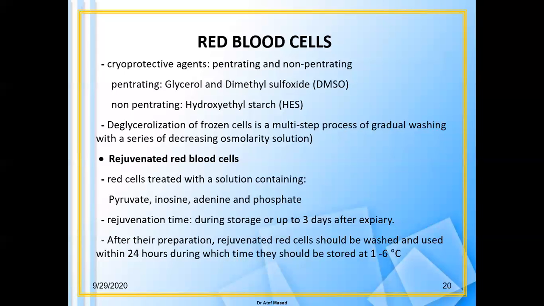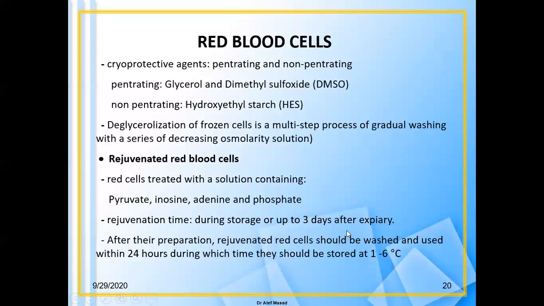When we rejuvenate, we make the cells alive. They are alive when they are frozen, but all biochemical reactions are stopped. So when we want to rejuvenate red cells, we are returning them to life.